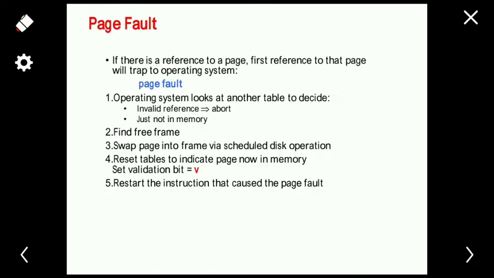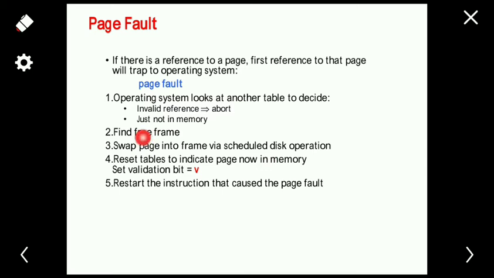At that time, it will send the trap to the OS and the OS will search the internal table. It will check, and if it finds that the needed page is valid and it is not in main memory, then the OS gets an empty frame.